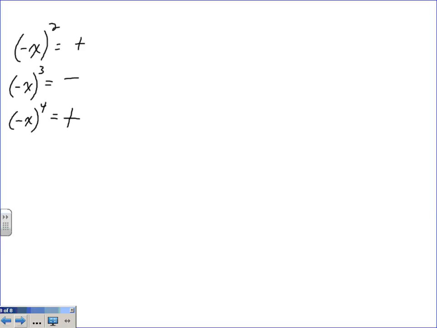Can you give us an example using numbers, just one? Well, all right. If I have a negative 3 cubed, it'll be a negative. 3 times 3 times 3.